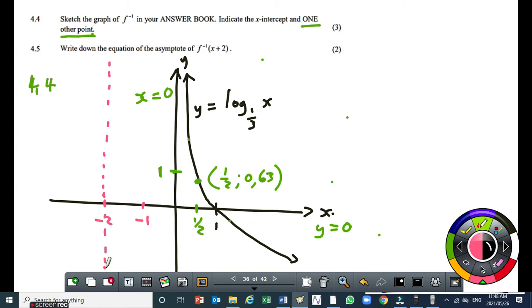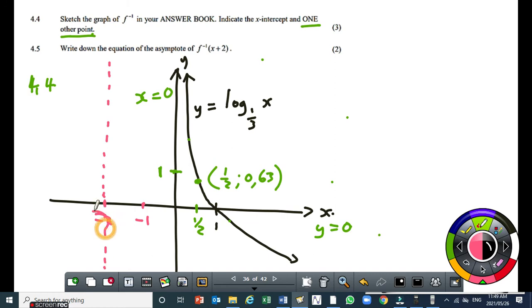Alright, now, check this. This is the asymptote. The graph is approaching the asymptote. A point which is very, very close to the y-axis. Do you agree with me that it's going to move 2 units to the left? If it moves 2 units to the left, it's going to get close to what?